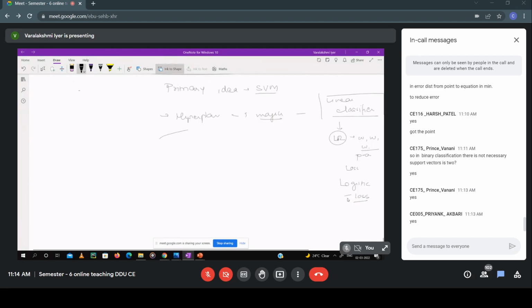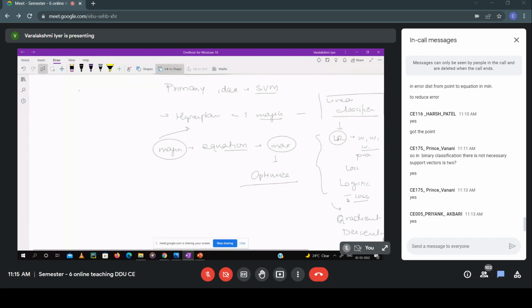In this case, we will identify an equation of a margin, and we'll try to maximize the margin value, and we'll also optimize this particular algorithm. In the case of logistic regression and linear regression, we were using a different optimizer. What was the optimizer that we were utilizing? It was the gradient descent optimizer.